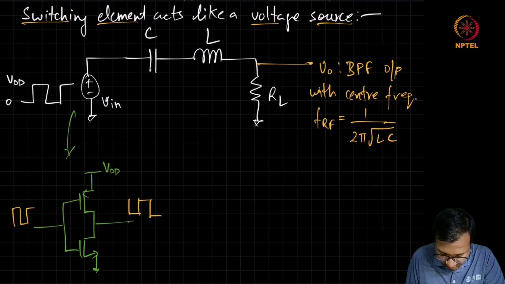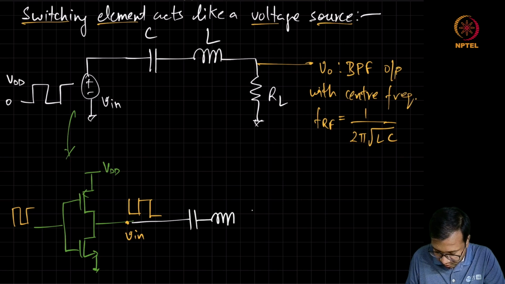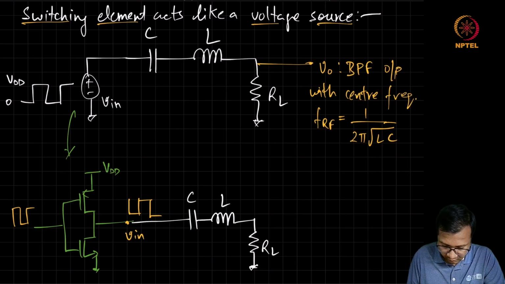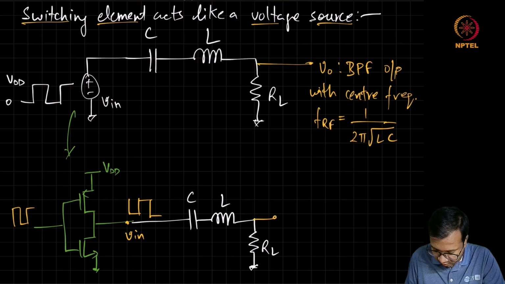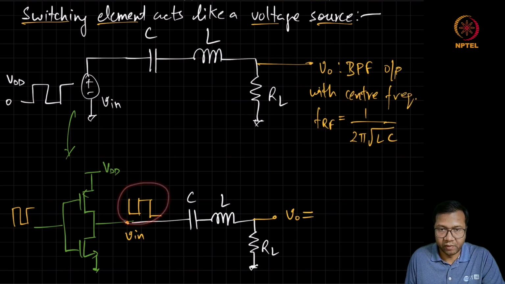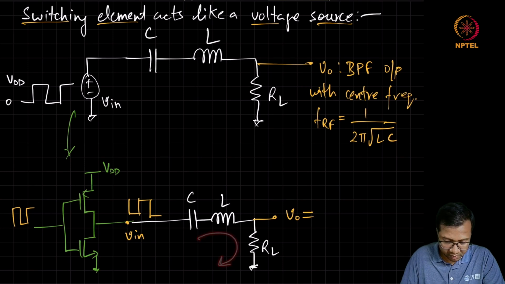This is your V in, and if we connect this circuit here, then the output voltage VO is going to be equal to the sinusoid component in this square wave, assuming this square wave is also having the fundamental frequency same as the center frequency of this band pass filter.